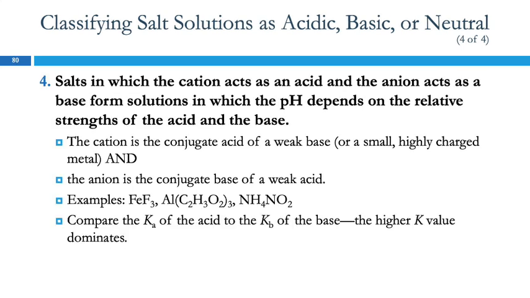And then you can also have a case where both the anion and the cation are acting, right? So the cation acts as an acid, the anion acts as a base. Here, the pH is going to depend on which one is stronger. So a situation like this might be, well, let's look at this guy.